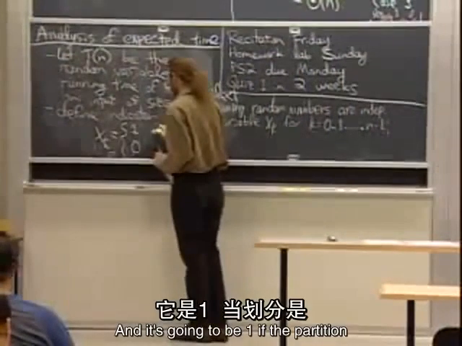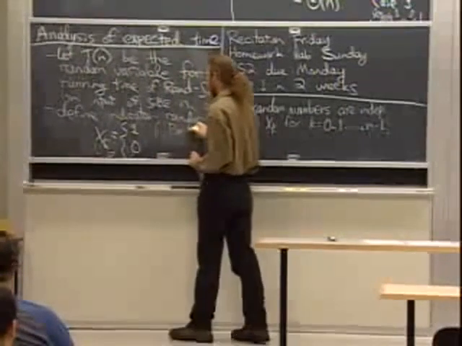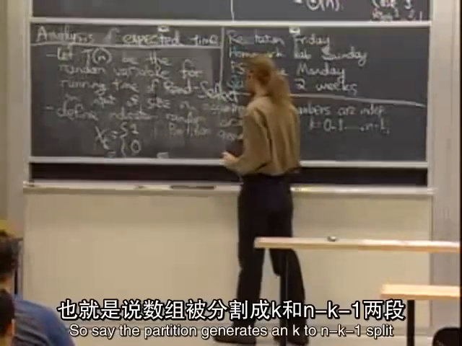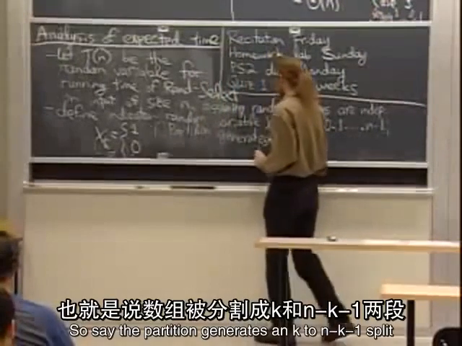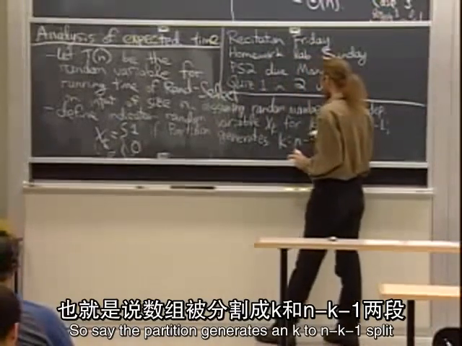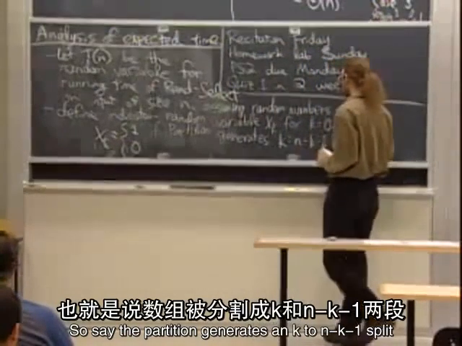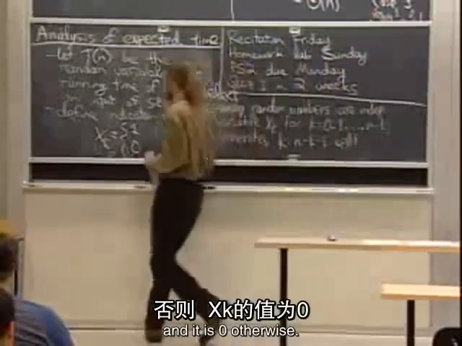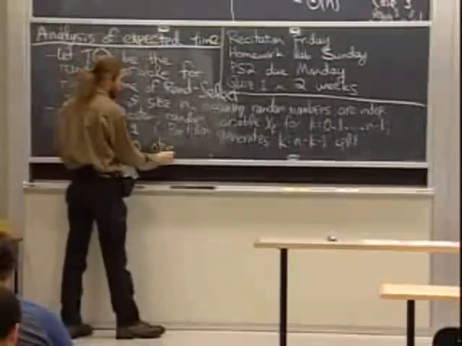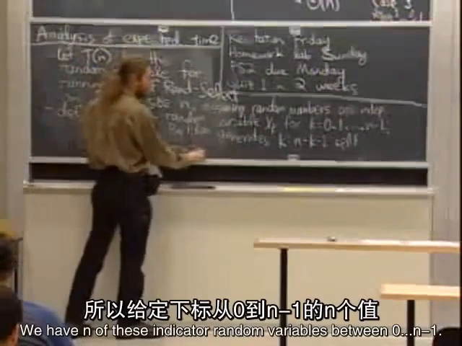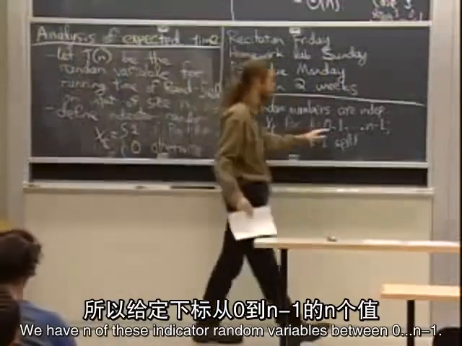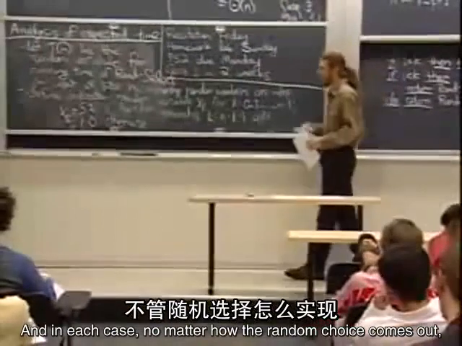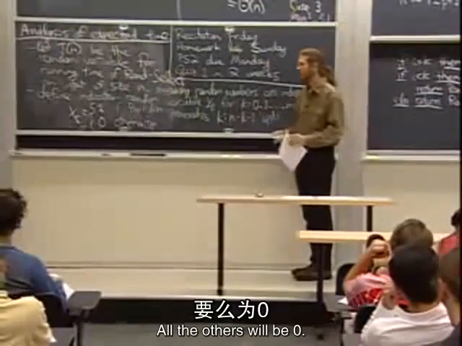And it's going to be 1 if the partition generates a k to n minus k minus 1 split. And it's 0 otherwise. So we have n indicator random variables between 0 and n minus 1. And in each case, no matter how the random choice comes out, exactly one of them will be 1. All the others will be 0.